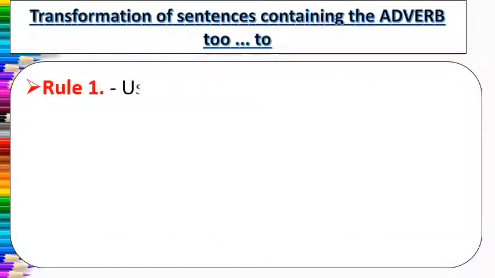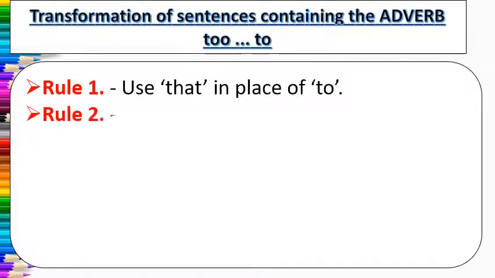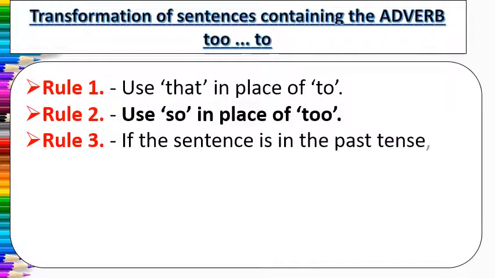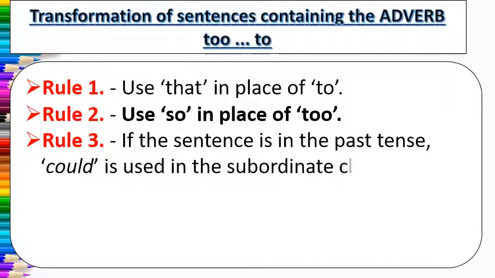Rule number 1, use that in place of to. Rule number 2, use so in place of too. Rule number 3, if the sentence is in past tense, could is used in the subordinate clause. If the sentence is in present tense, then can is used in the subordinate clause.